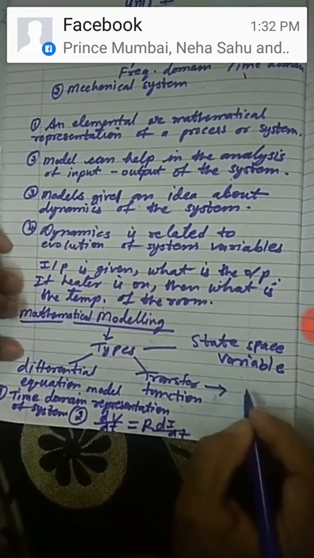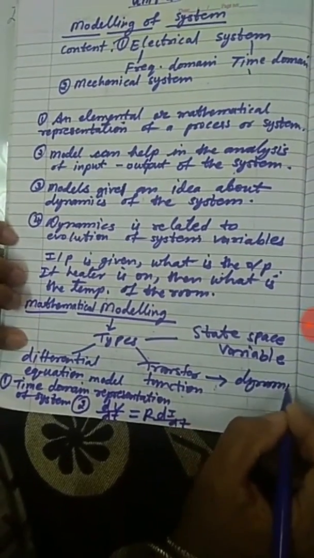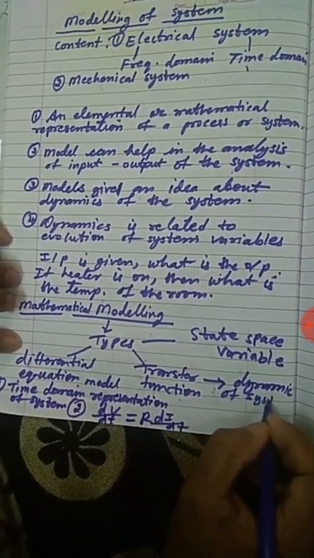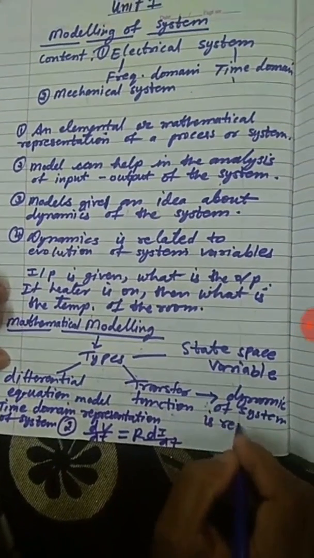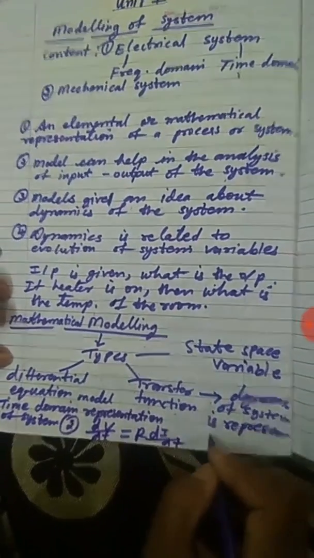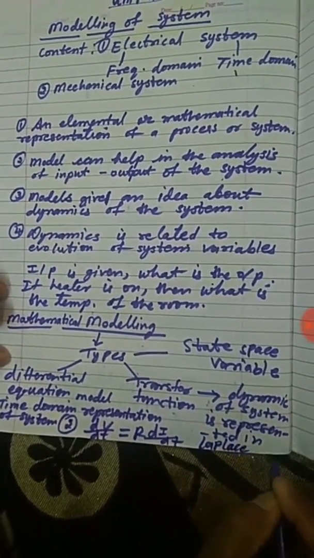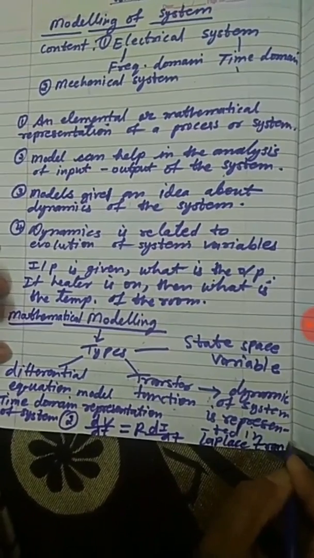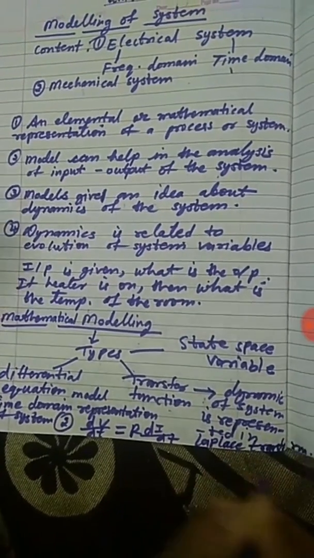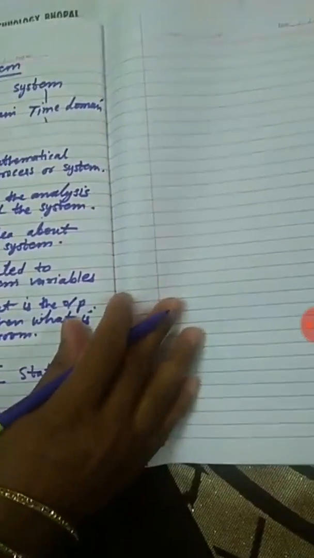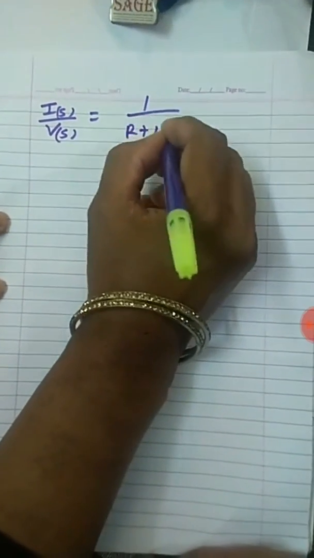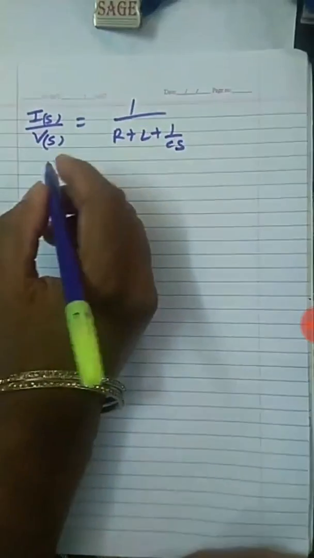For the transfer function, the dynamics of the system is represented in Laplace form, in Laplace transform. Like in Laplace transform, I can write I upon V is equal to 1 upon R plus L S plus 1 by CS, or any value.